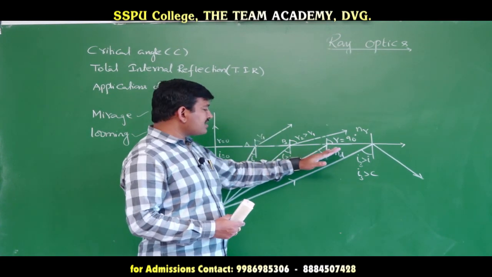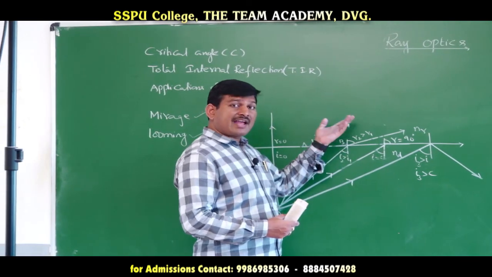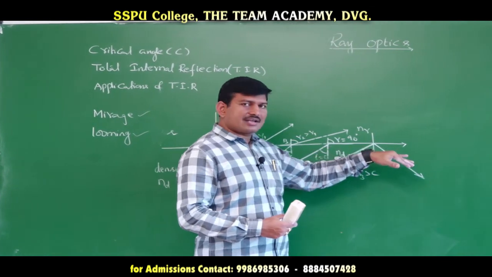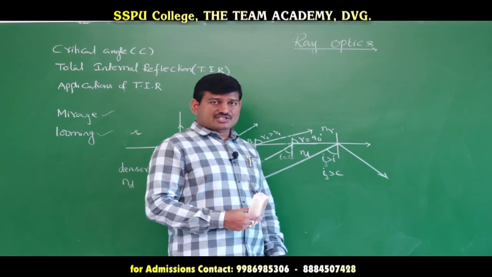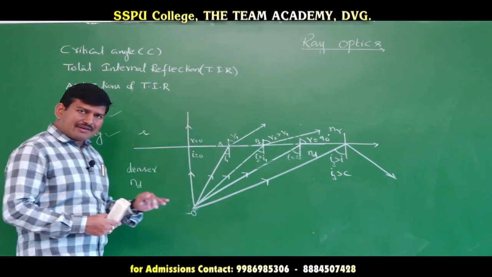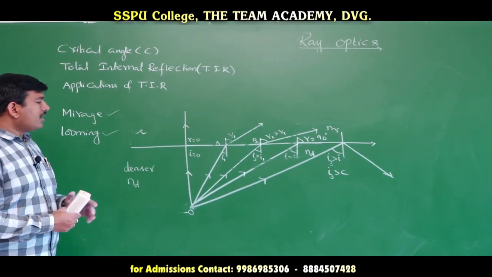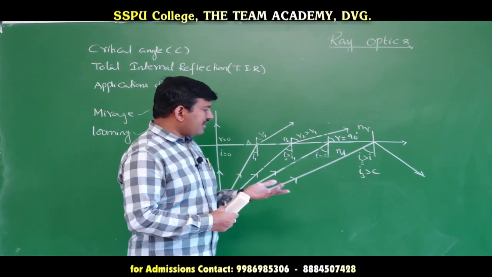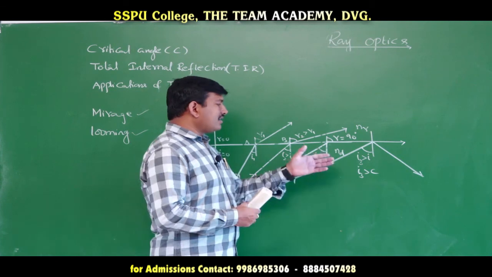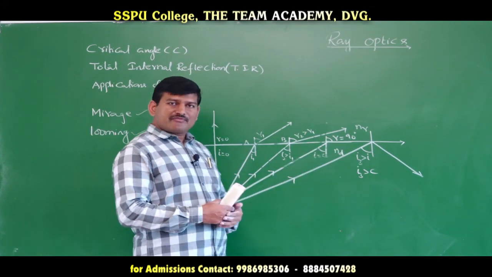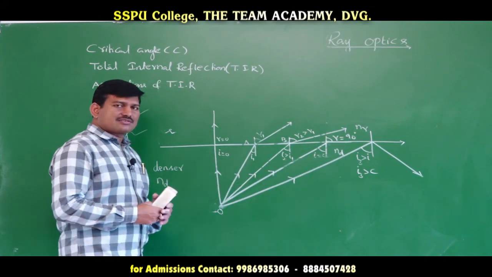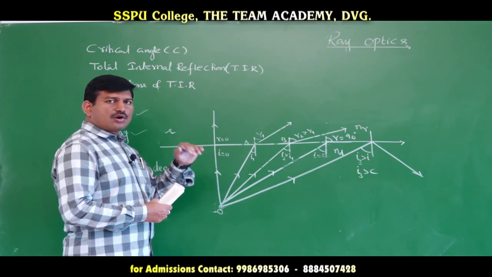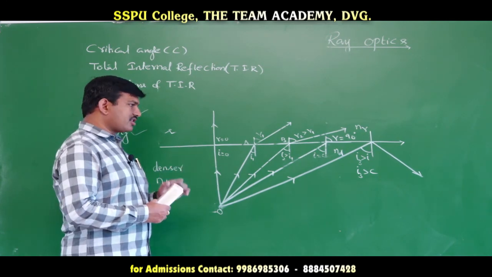So for angles less than the critical angle, we will have refraction, and for angles more than the critical angle, we will have reflection. So the optical phenomenon in which light is traveling from denser medium to rarer medium, and the angle of incidence is greater than the critical angle, the light is completely reflected into the same medium. This phenomenon is called TIR, or total internal reflection.